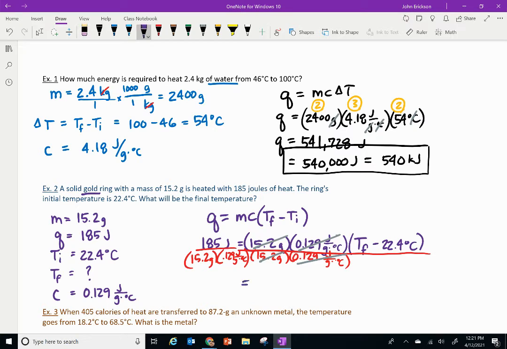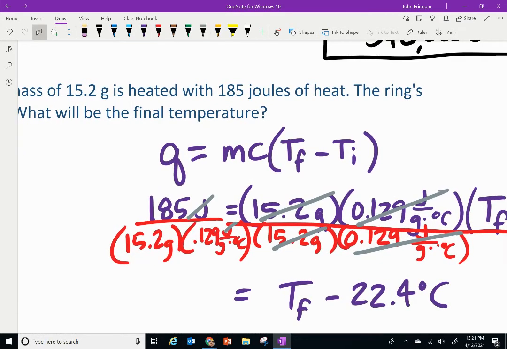Again, I'm going to write this out a little bit neater. TF minus 22.4. And on the left side, I ended up with 185 joules divided by 15.2 grams, also divided by 0.129 joules per gram degree Celsius. The joules in this cancel. The grams in this cancel.